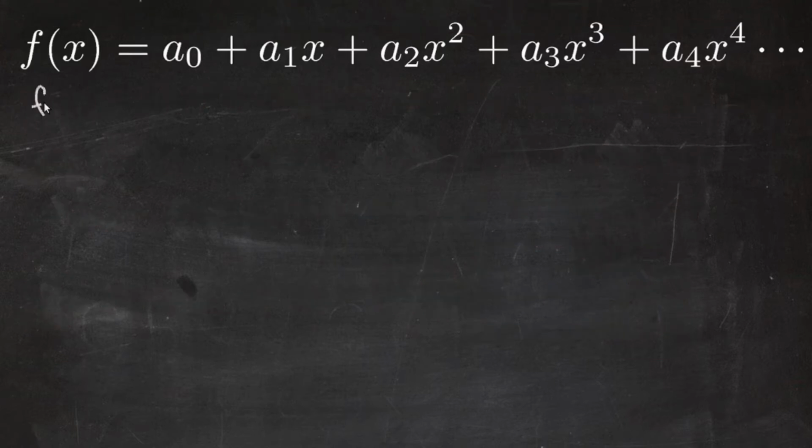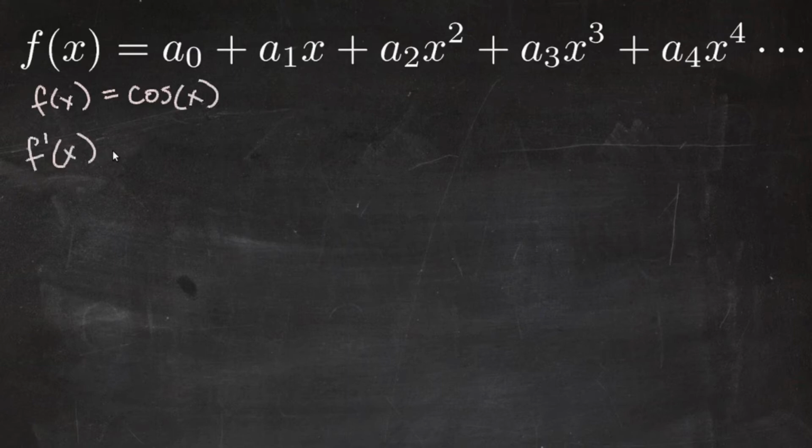So suppose f of x is cosine of x. Then what is f prime of x? I know the derivative of cosine is negative sine. If I don't know that, I can look in the inside cover of my calculus textbook or in a table of derivatives anywhere I want. It's a famous result.